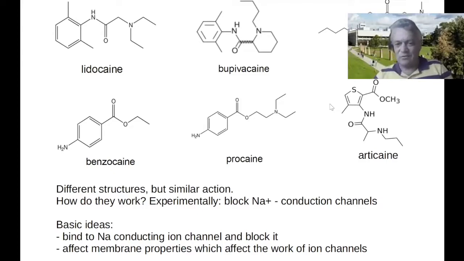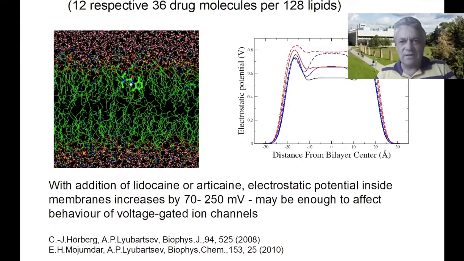So another point of view is that local anesthetics affect membrane properties, which affect the work of the ion channel. So we did a simulation of a lipid bilayer, and here we just took a model lipid bilayer composed of DMPC lipids and we put in different concentrations of lidocaine and articaine, which are two examples of anesthetics used in dentistry.